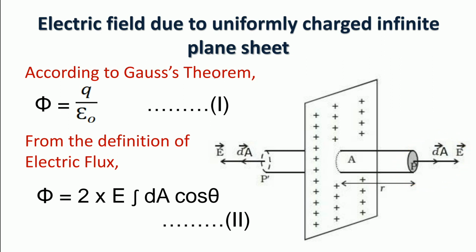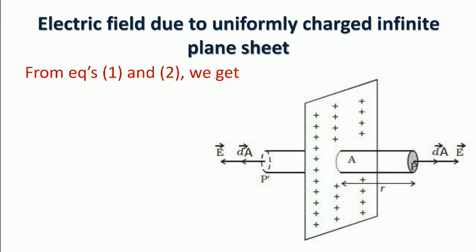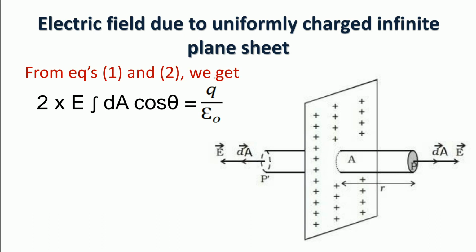So we have phi is equal to 2 times E integration dA cos theta. From equations 1 and 2, we will equate the values of phi and we will get 2 times E integration dA cos theta is equal to q upon epsilon naught.